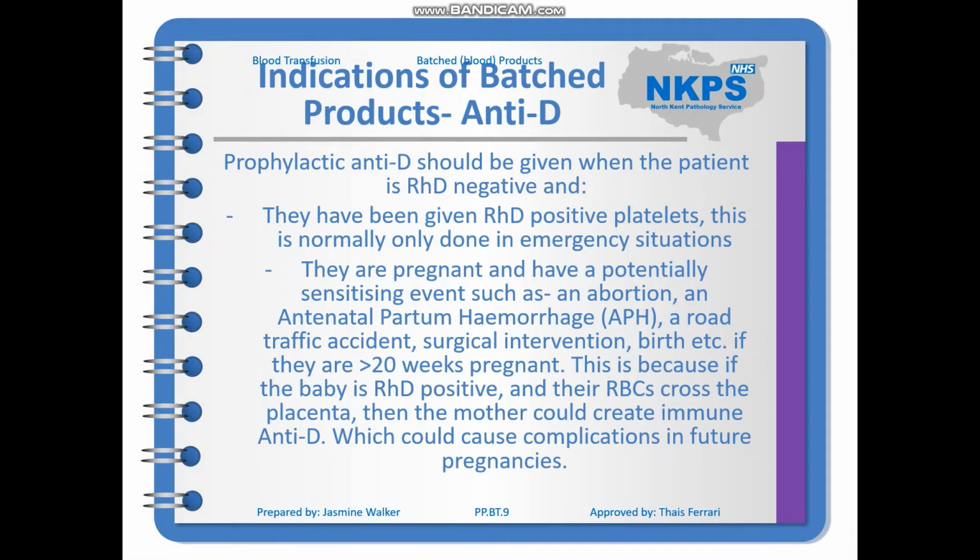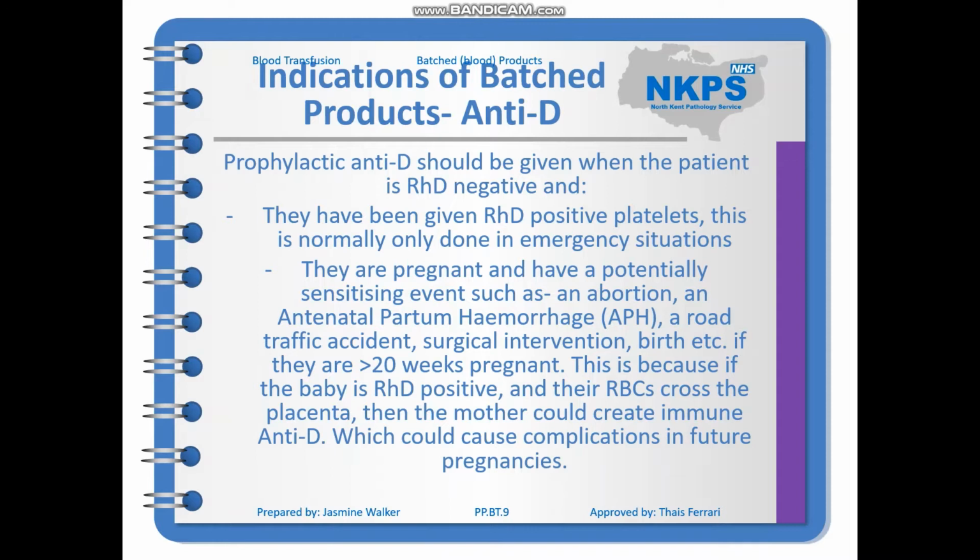In an emergency situation, if you have someone who's bleeding and they need platelets, some labs only stock RhD positive platelets, in which case they may need to give the positive platelets to a negative patient. If they do this, then you can give the prophylactic anti-D, as it will go in and attach to any possible red blood cells in that pack and coat them with this anti-D that will prevent the patient from creating their own immune antibody.